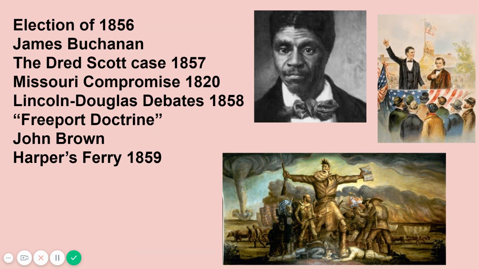And Lincoln, while he lost the election, he became a powerful figure in the Republican Party because of his success in these debates, by really shining a light on how Douglas's plan would not work. Douglas, you're still going against the Supreme Court.